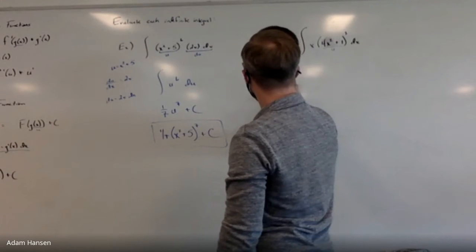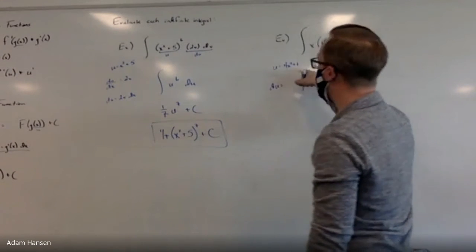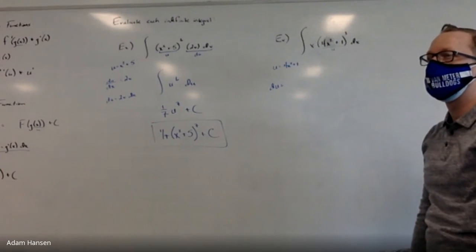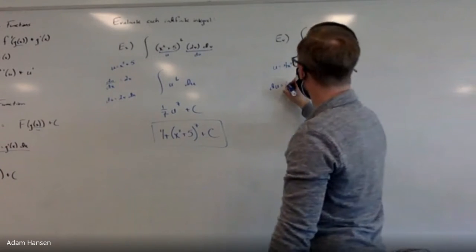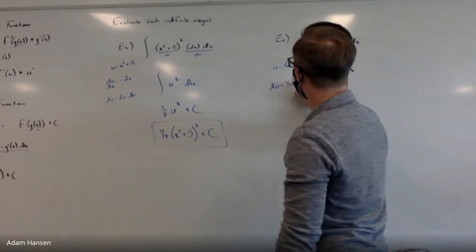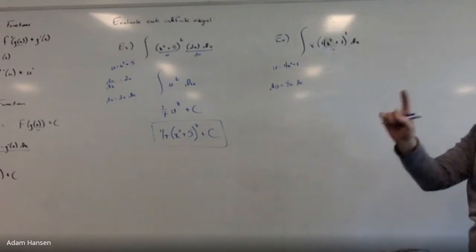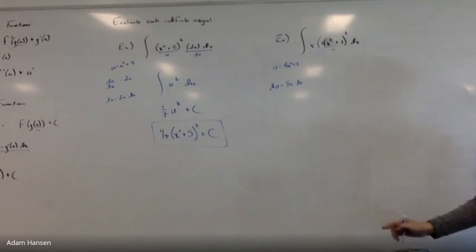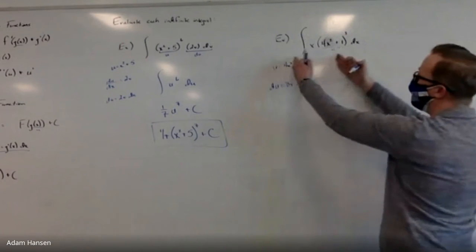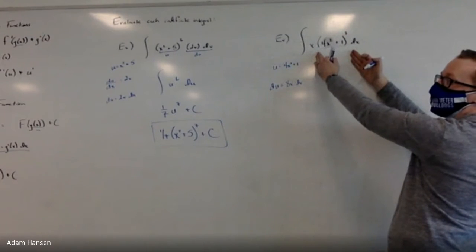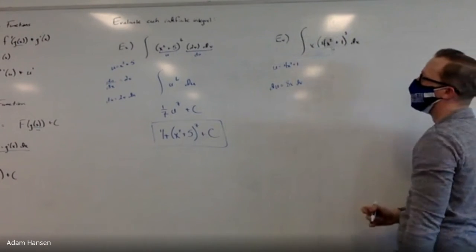So du equals, what's the derivative of 4x squared plus 1? x dx. We're doing derivatives, right? That's where this gets tricky, Caitlin. I'm having you do derivatives and antiderivatives at the same time. You take the derivative of your u sub, and then you anti-differentiate once you write it all in terms of u over here. So it can get real tricky real fast.